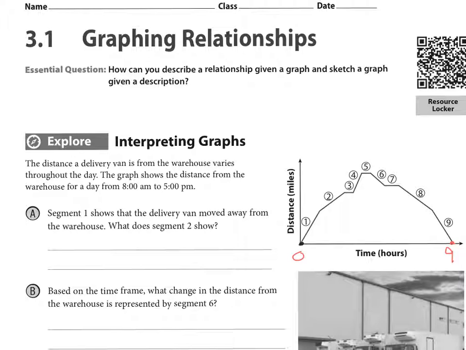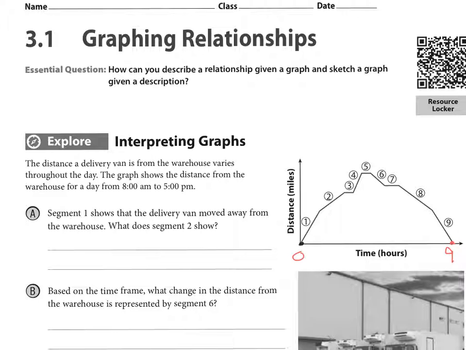The next thing we talk about is the distance in miles from the warehouse. So some things to understand here. Anytime the line is going up, what does that mean about our distance? It's what? Positive, which means what about our distance, though? It's getting further away from the warehouse.